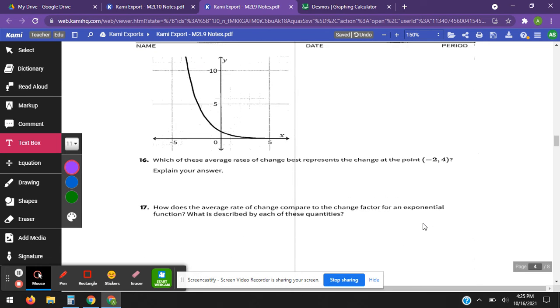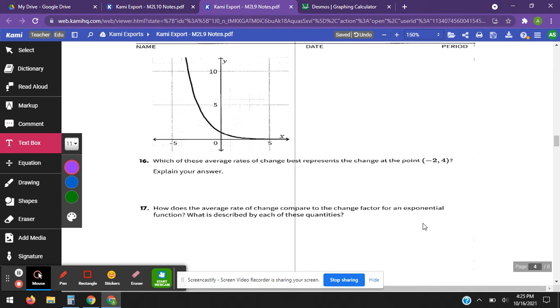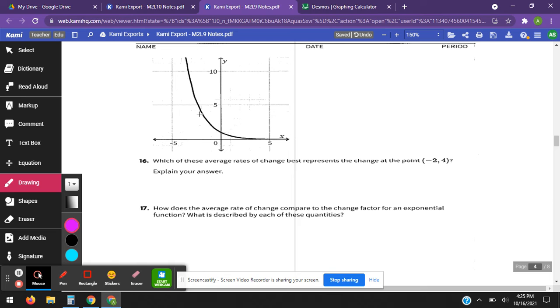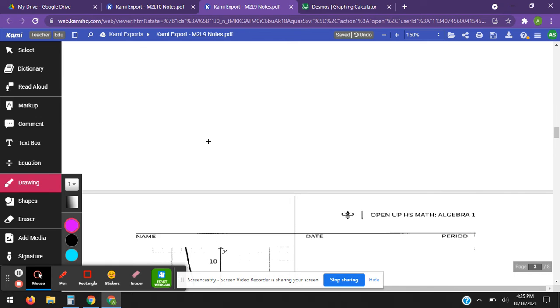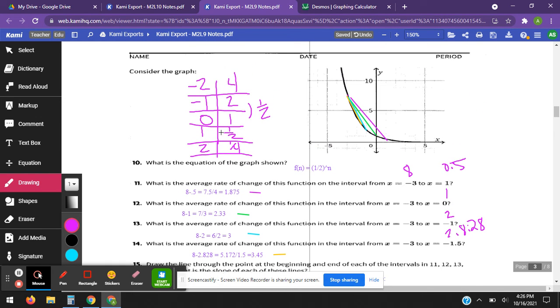Almost done here. So which of these average rates of change best represents the change at the point negative 2, 4? So right here, negative 2, 4, the average rate of change right there. Explain your answer. Well, if you think about those different lines that we had going on here, which of these lines crosses at this point pretty close? It would be our orange one.